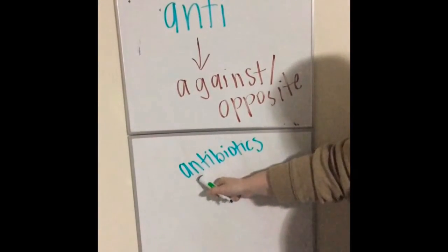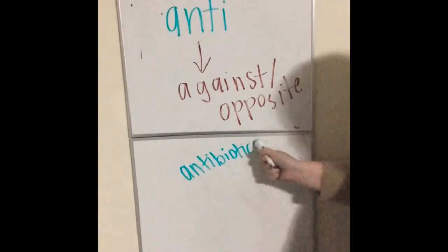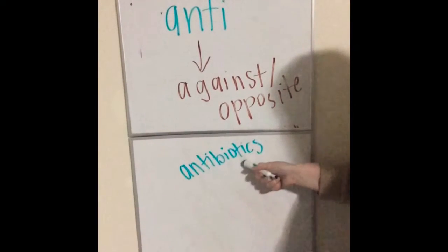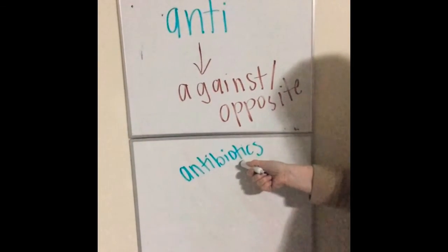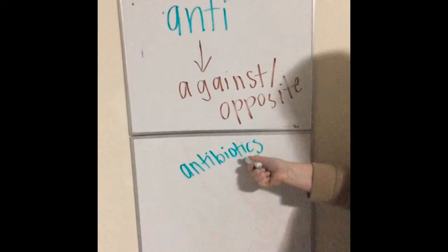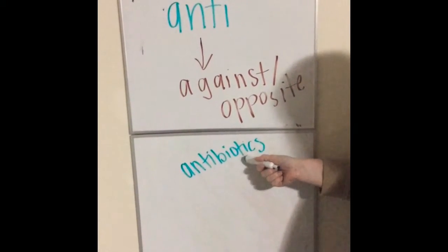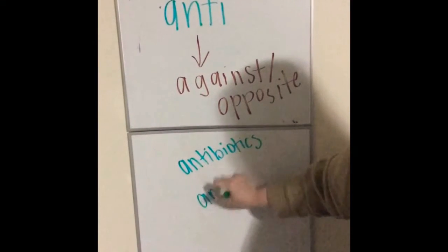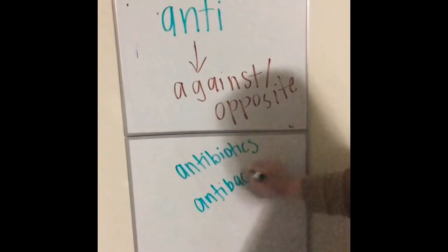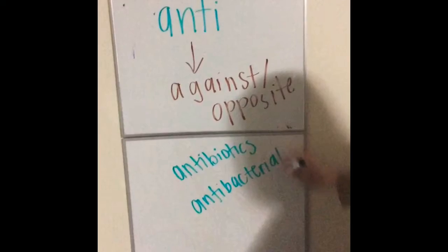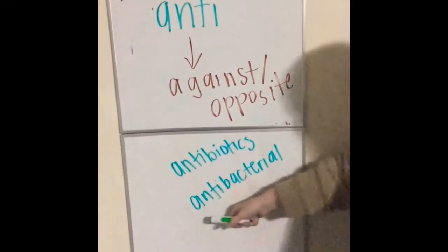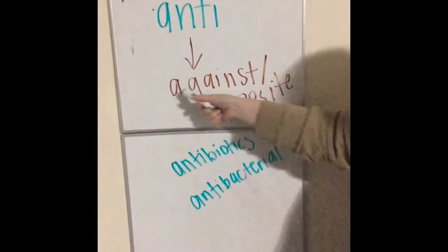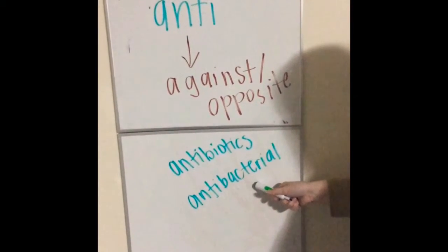These are medicines that fight certain biological things in your body. Antibiotics are against those biological materials in your body. You might also see something that says antibacterial, like on hand sanitizer. Some soaps might say antibacterial because they go against bacteria.